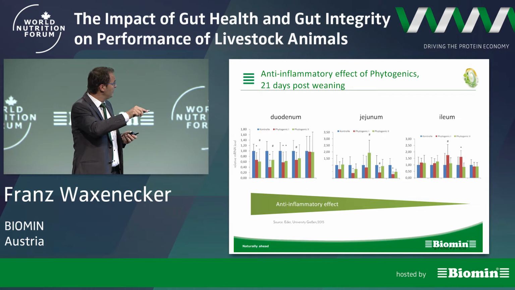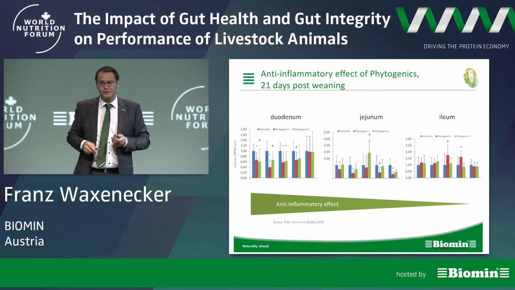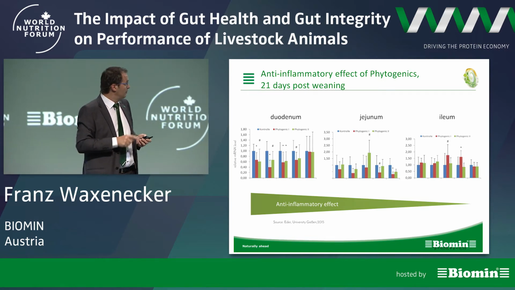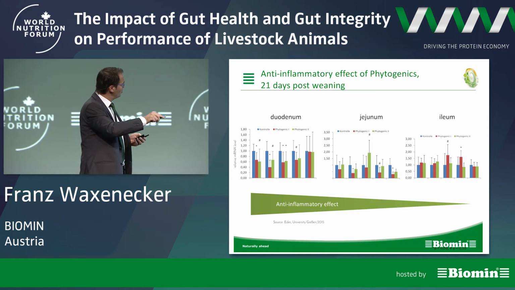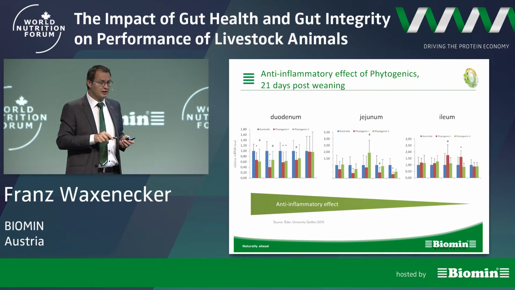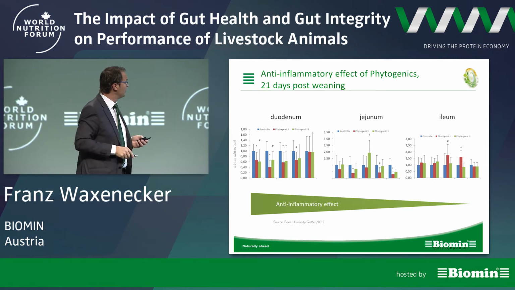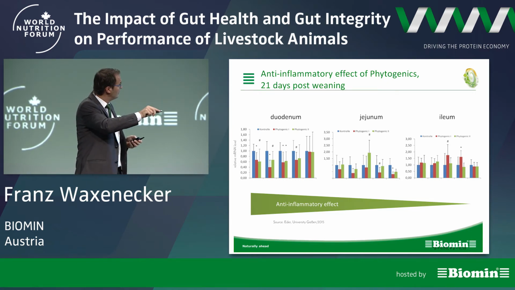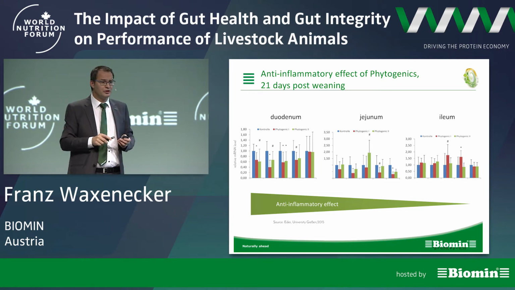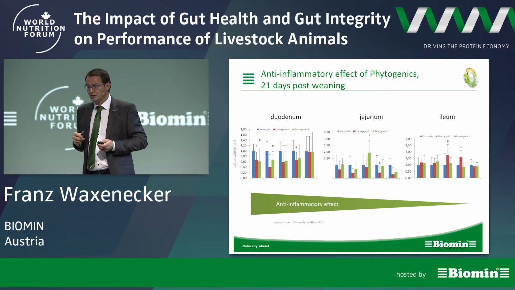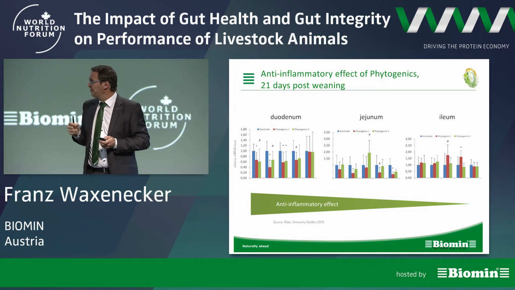Then we went further, again with Professor Eder, to see this effect on the animal. And again, here we found in the 3 compartments of the small intestine an impact. In this case, I have to explain, sorry: the blue group is a negative control group, the red group is phytogenic number 1, and the green group is phytogenic number 2. And we saw that especially in the first part of the small intestine, in the duodenum, a significant reduction 21 days post-weaning in the most relevant pro-inflammatory cytokines.